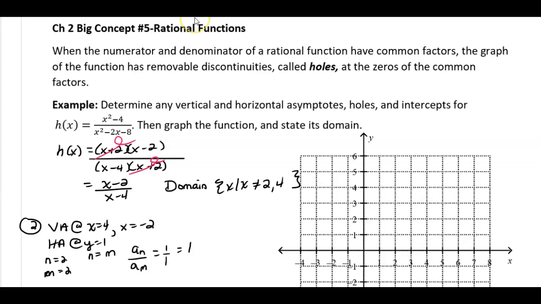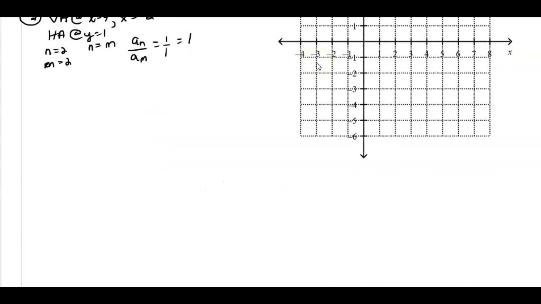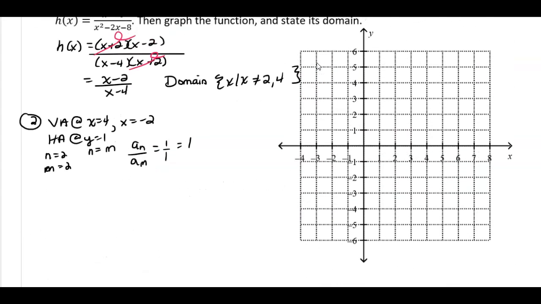So let's go ahead and put those in real quick. So we had negative 2 and positive 4. However, our negative 2 was the one that canceled. So that means my hole occurs at negative 2, because that was the common factor.